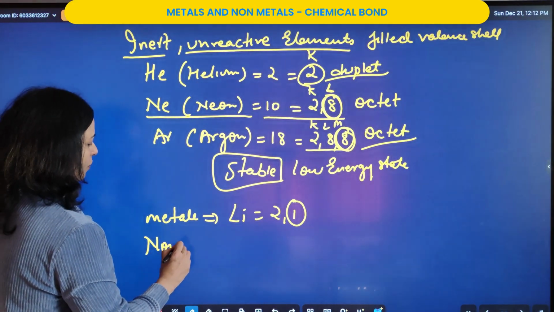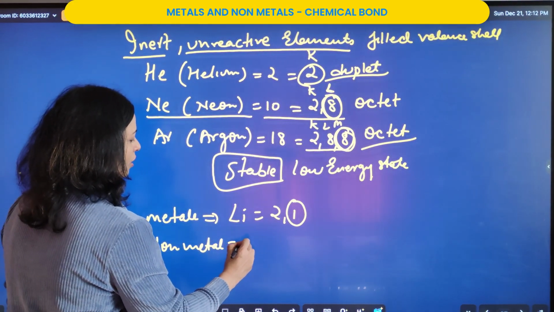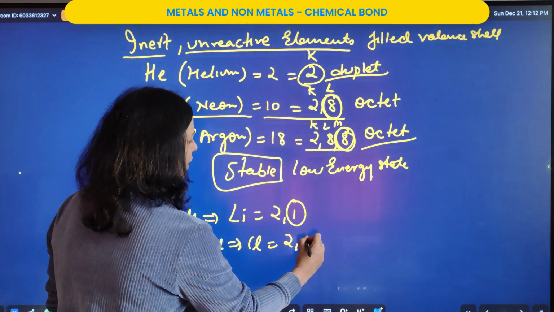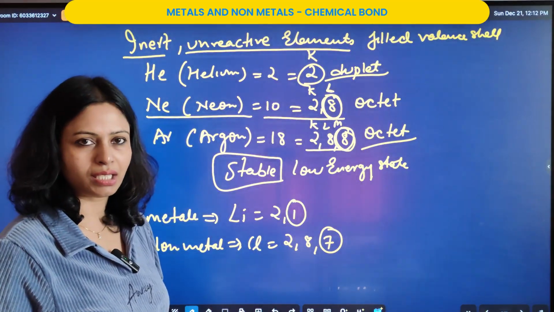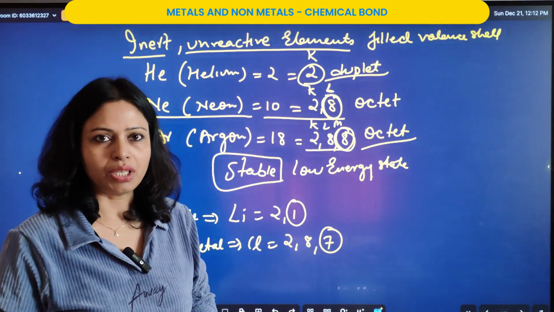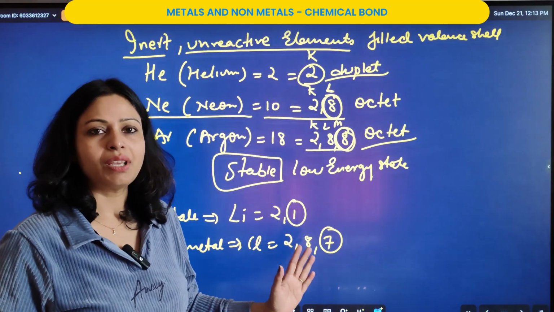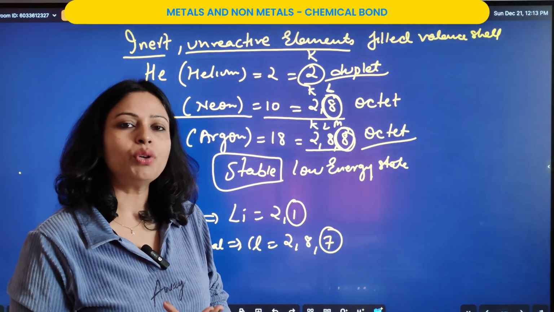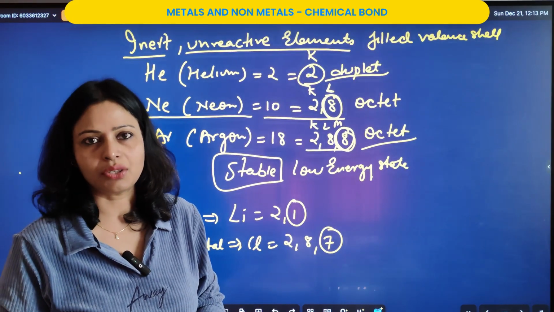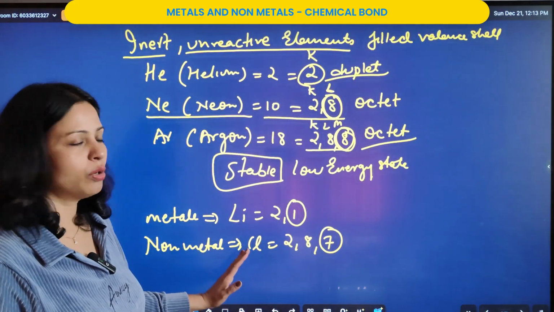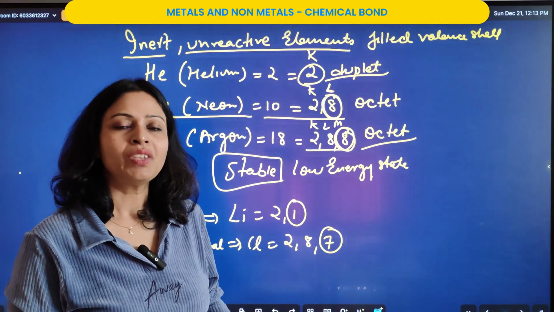Similarly, non-metals also, for example chlorine, 2,8,7. Here also the last shell is 1 electron short of an octet configuration. So metals and non-metals, in order to gain stability and come to a lower energy state, have to either lose or gain electrons. Metals will lose electrons and non-metals will gain electrons in order to become stable.